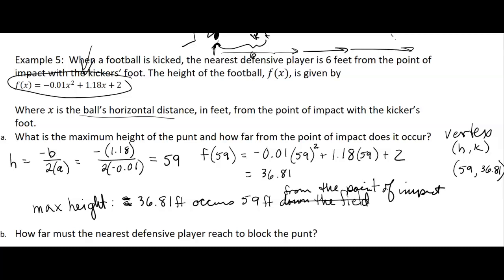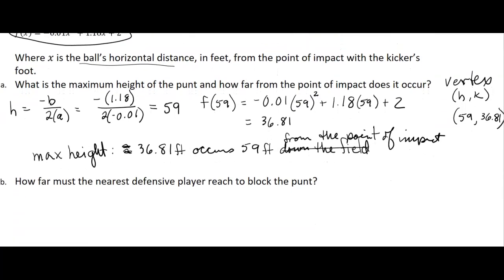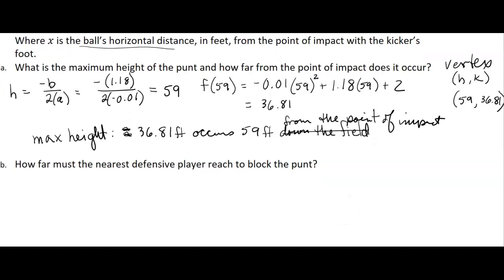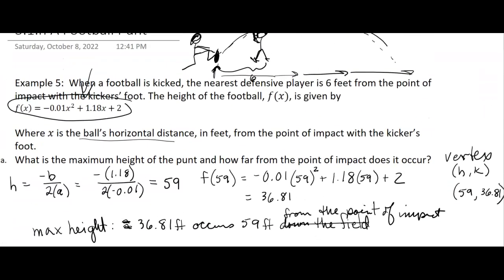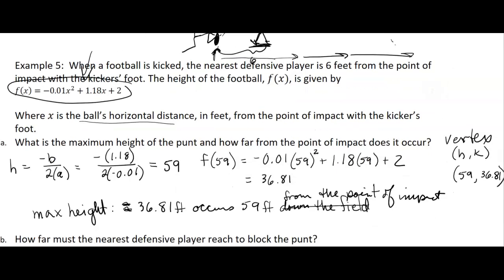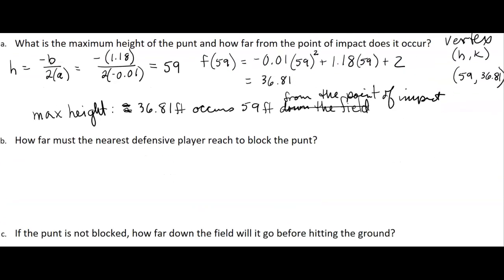Okay. How far must the nearest defensive player reach to block the punt? Okay, so remember the nearest defensive player is 6 feet away. So that's x being 6. So what's the height then when x equals 6? So what's f of 6? Well, we're going to put it in our function, and then we're going to have to figure that out.